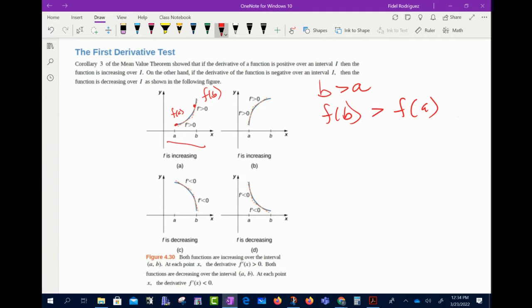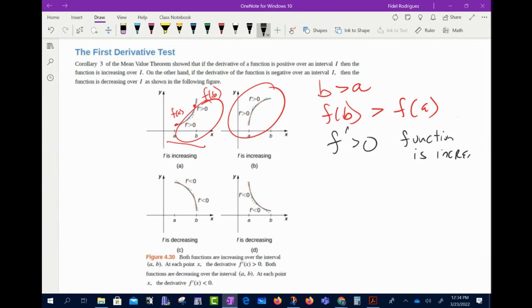So anytime my first derivatives are positive, y'all, let me write that here. When the first derivative is positive, when f prime is positive, then the function is increasing.